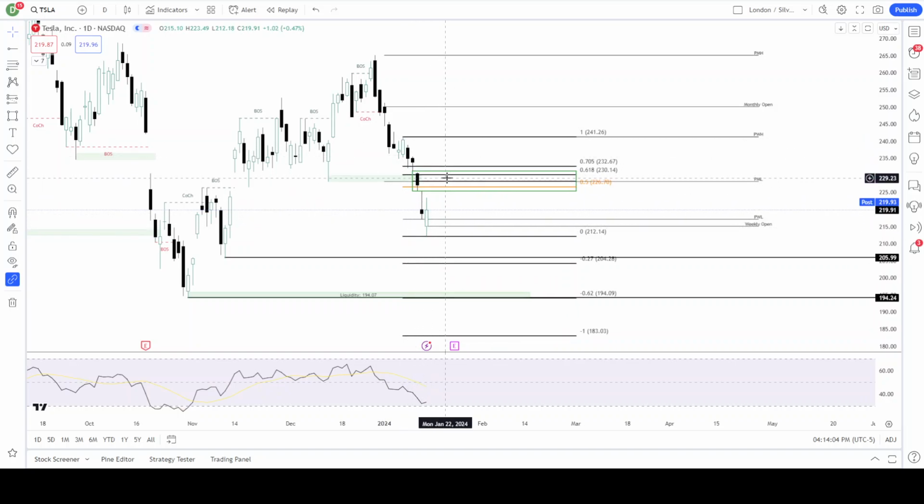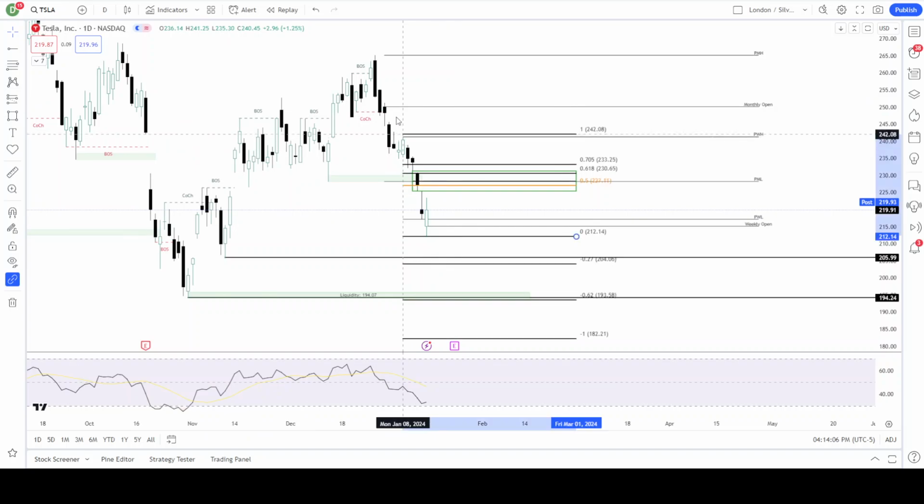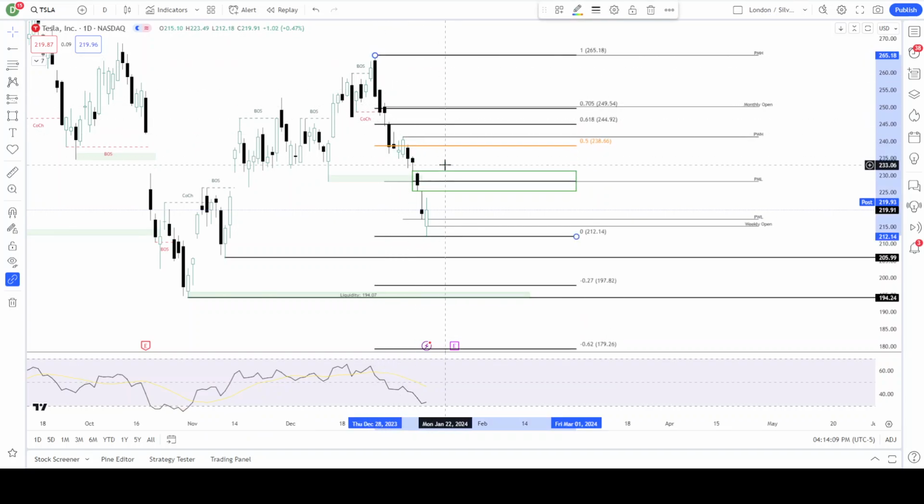And there's a fair value gap right there. Now, also, if you want to look at the bigger move, you could sit around and wait. It might take longer to get there, and we may never get there. But 238.66, 245, 249.54 are our fib levels on this entire wave here, which would probably take over a month to get there, would be my guess, maybe 2 weeks to a month.